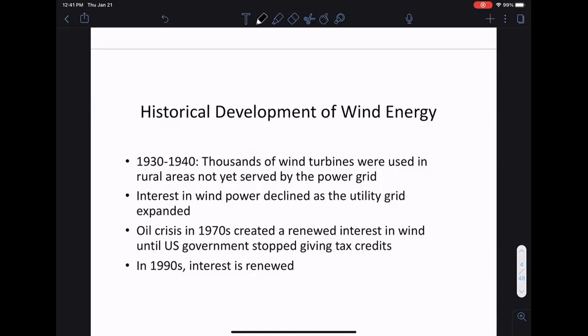Okay, so wind is actually not all that new if you're looking at using wind to generate electricity. It was used a lot in the 30s and 40s, for reasons that you're not tied to a big grid. And nowadays we're seeing this trend again.